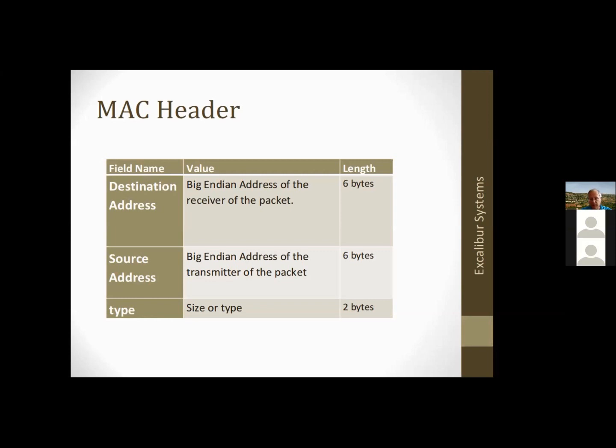There are other kinds of headers. For example, an ARP. I don't know if you're familiar with it, but an ARP is a way of, if I know an IP address, how do I get the MAC address? Right, so I know the logical address because I know that I want the New York Times.